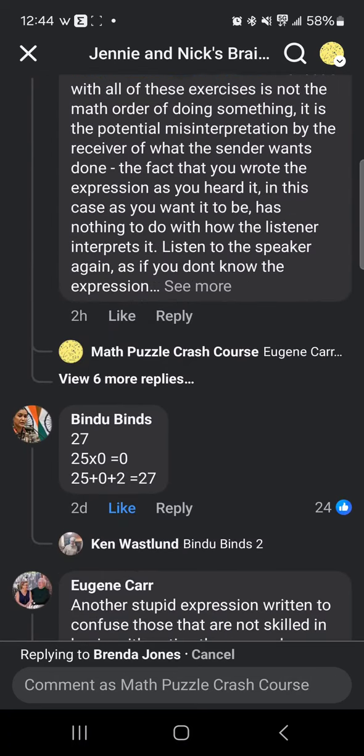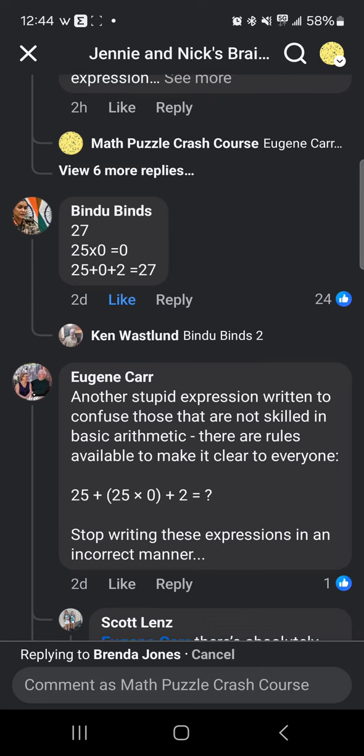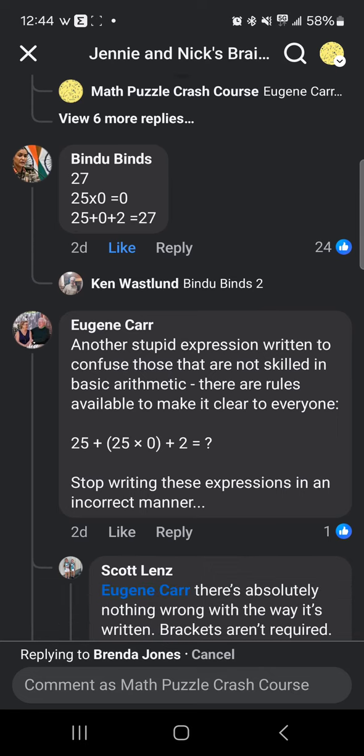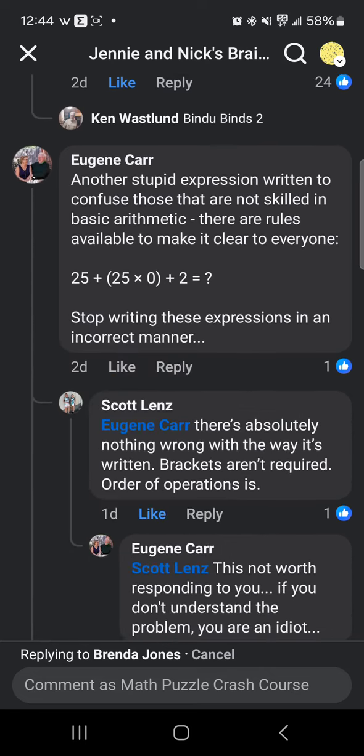And you will see things through the comments here, like, unfortunately with this individual, yeah, I mean, you could put parentheses around the 25 times 0, and hopefully people would understand that. I mean, the whole point of this exercise is not to just tell people to put parentheses around it.